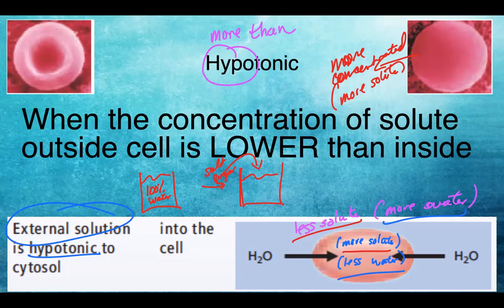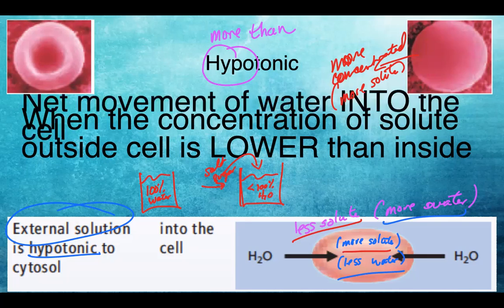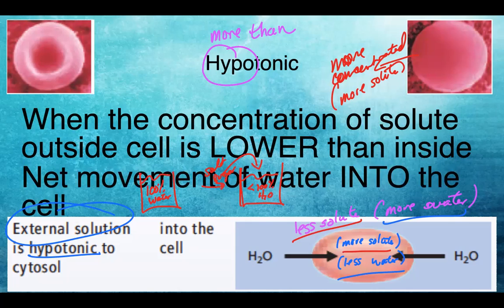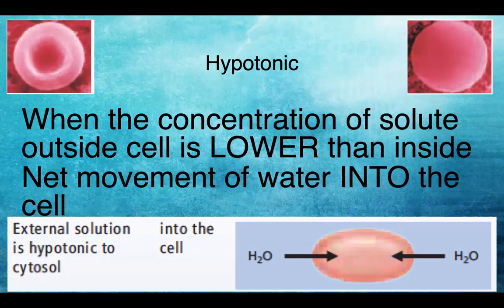If you add salt or sugar or anything to this beaker, it is no longer 100% water. It's going to be less than 100% because some of that volume is going to be taken up with the solute. So the more solute you have in the solution, the lower the water content is. So the net movement of water in a hypotonic solution is into the cell.